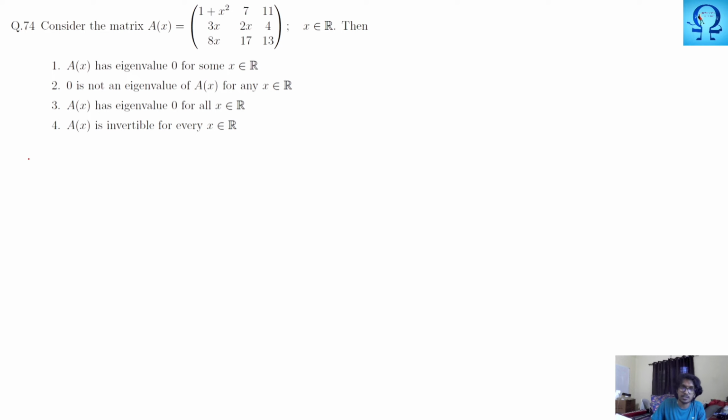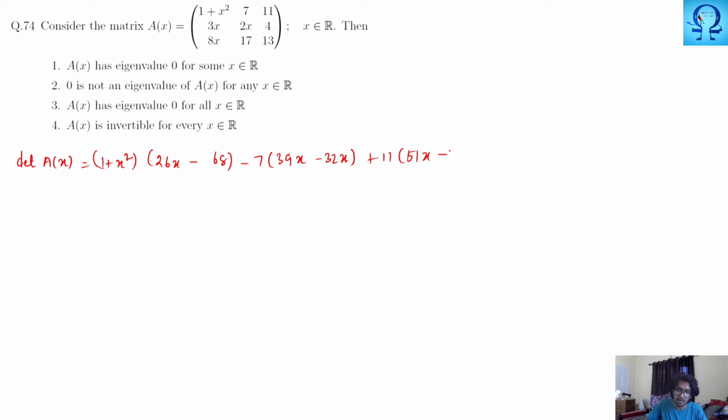First of all, we'll evaluate the determinant of this A of x. What is that? 1 plus x square into 2x into 13, that is 26x minus 68, minus 7 times of 39x minus 32x, plus 11 times of 51x minus 16x squared.